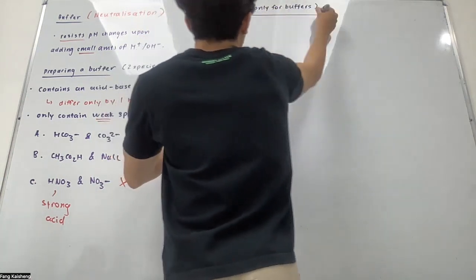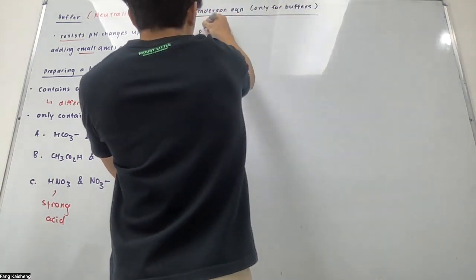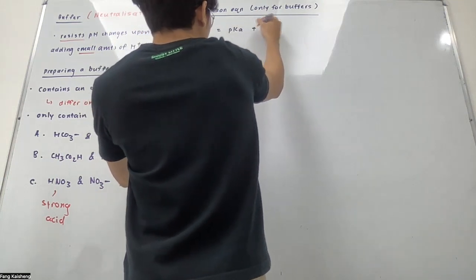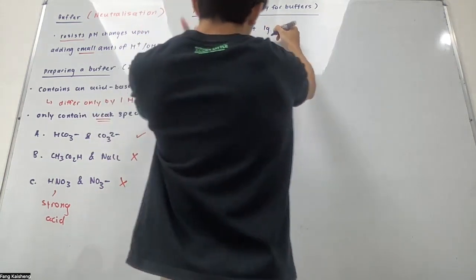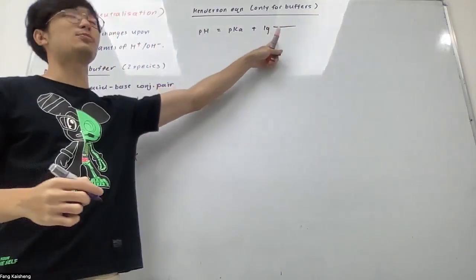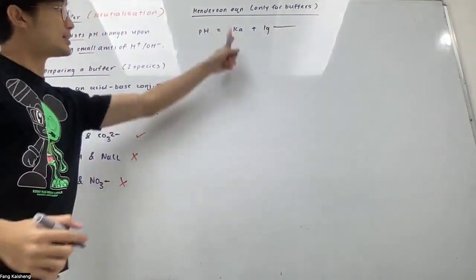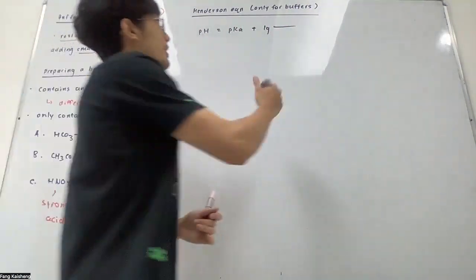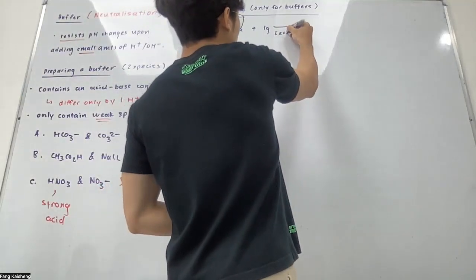Only for buffers. Now, if you are given pKa, then you use the first version. So pH equals pKa plus log. Now, how do you remember this last part? A lot of people tend to forget. A stands for acid. Just try to memorize this in this way: the acid will be at the bottom.